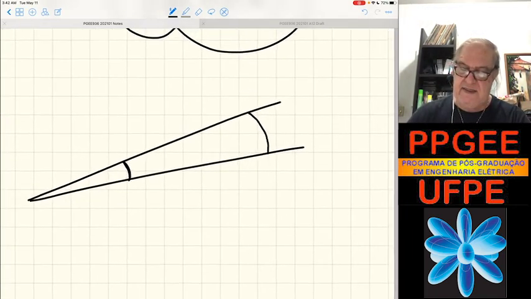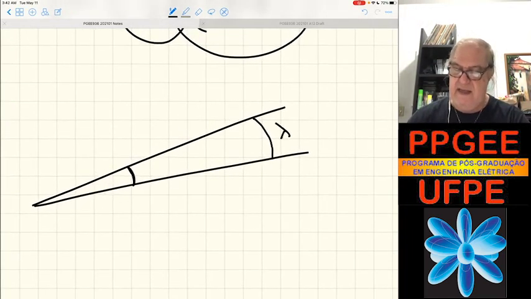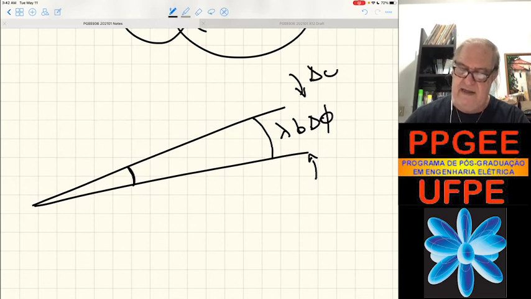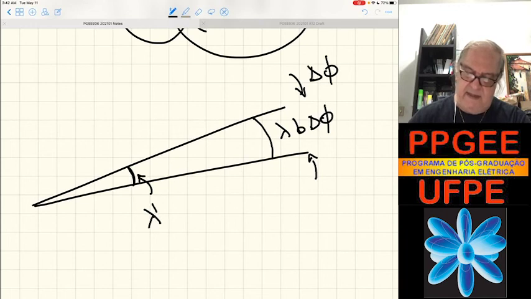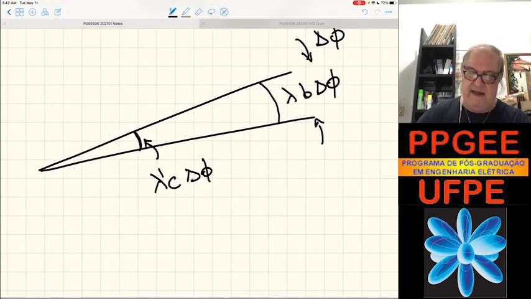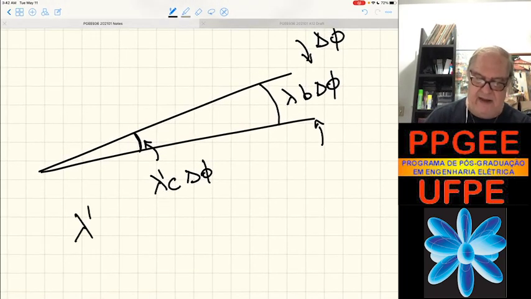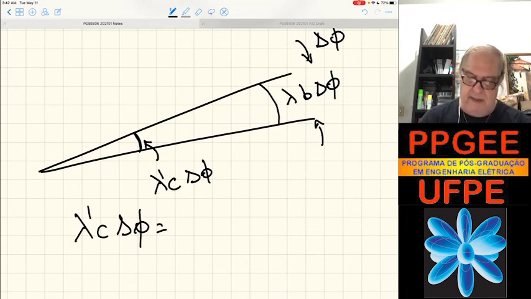So the amount of charge in this region here is lambda times b delta phi, let's say that this angle is delta phi, and the image charge is lambda prime times c delta phi. So the image charge, lambda prime c delta phi, equals minus a over b times lambda b delta phi, right?